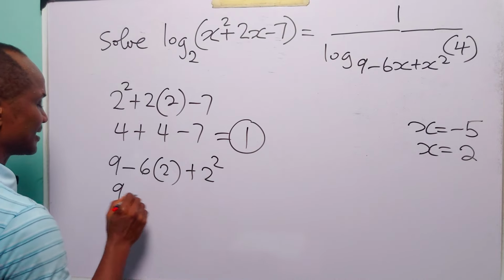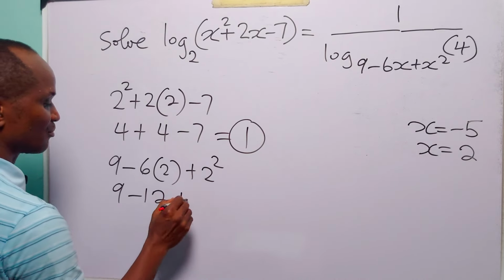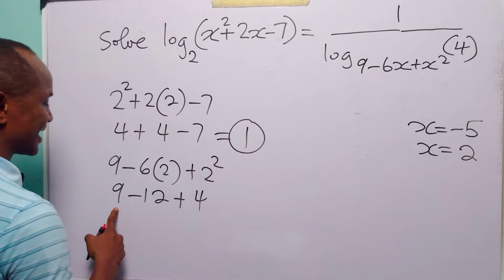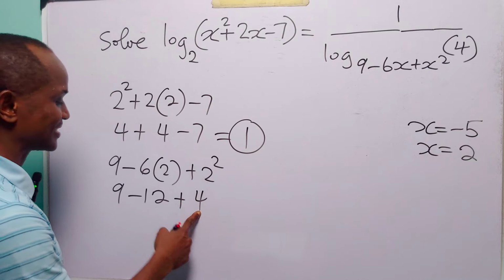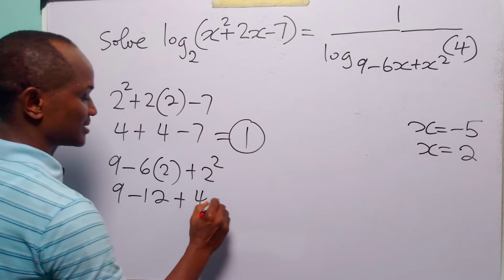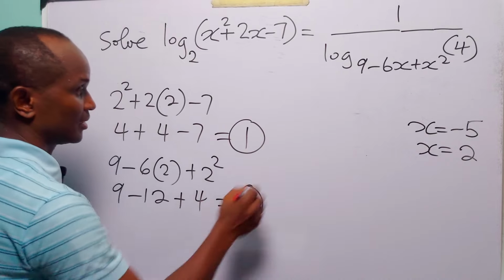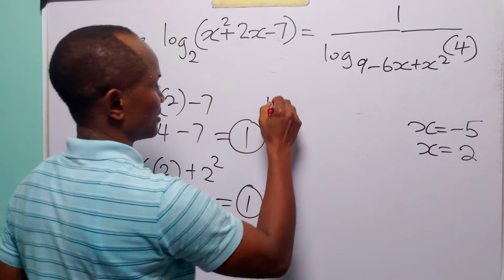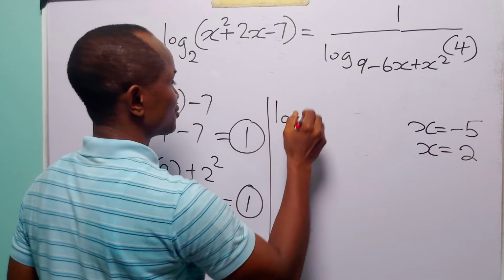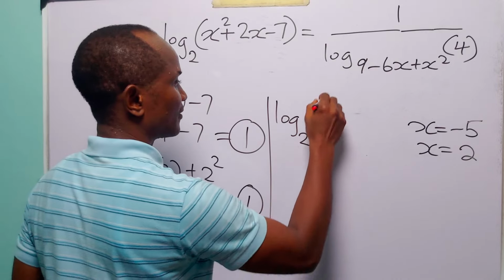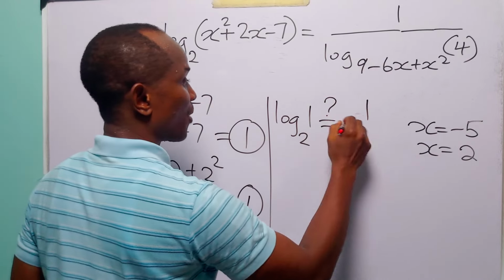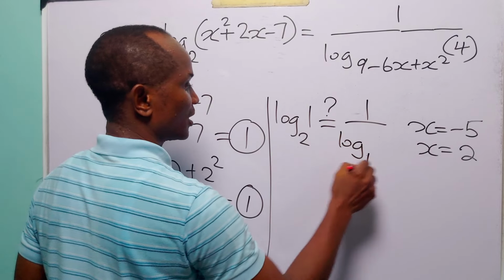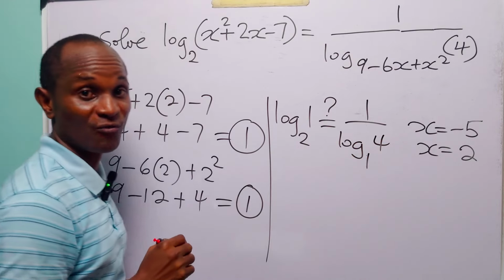This is 9 minus 12 plus 2 squared is 4. 9 plus 4 is 13 minus 12. That is equal to 1. So what we have is log to base 2 of 1. Now, is this equal to 1 over log to base 1 of 4?